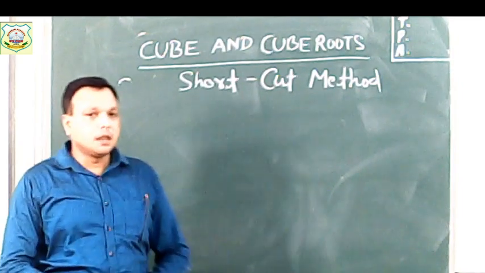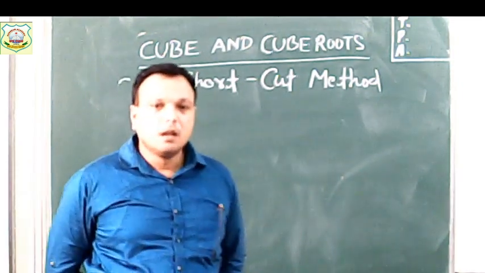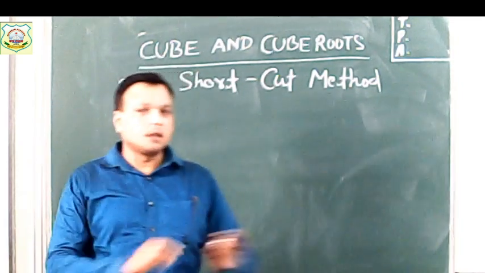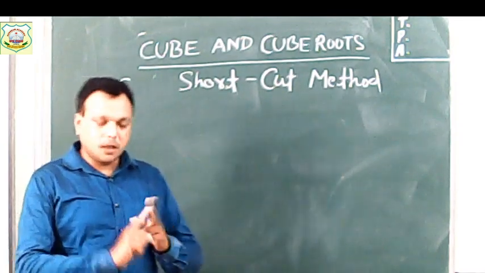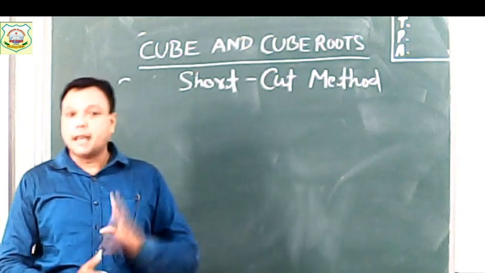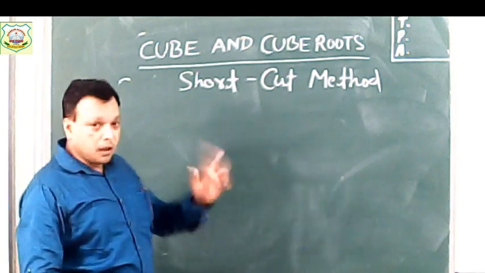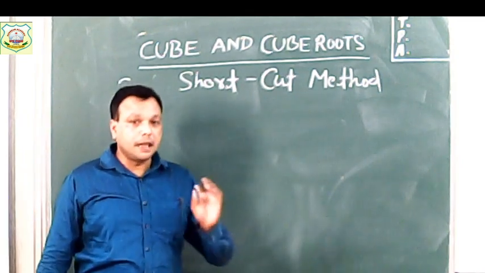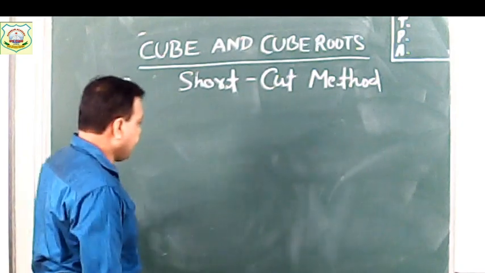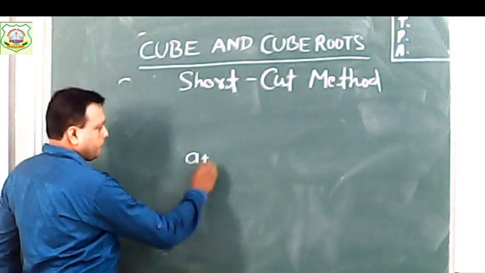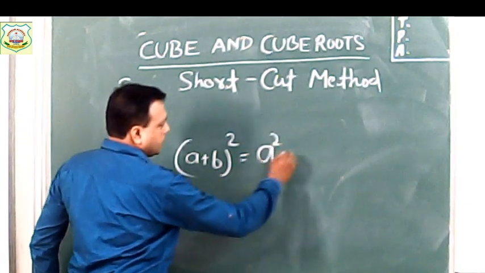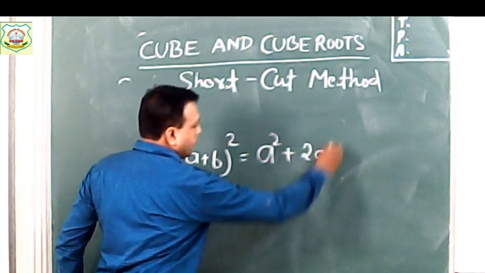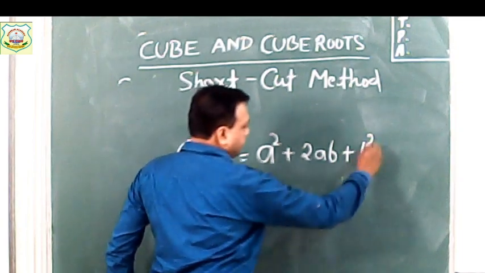Students, when you did square and square roots, for the shortcut method of squares we used two methods. First the column method, second the diagonal method. In the column method you used the identity a plus b whole square, which is a square plus 2ab plus b square.